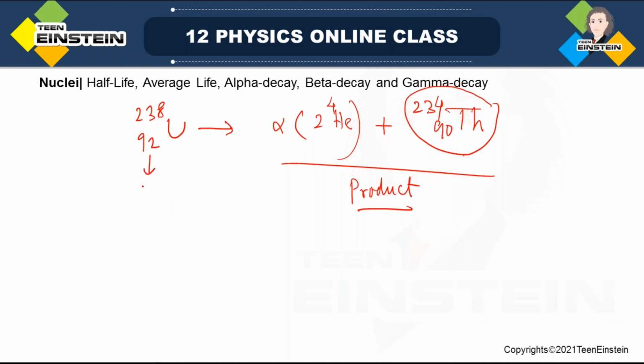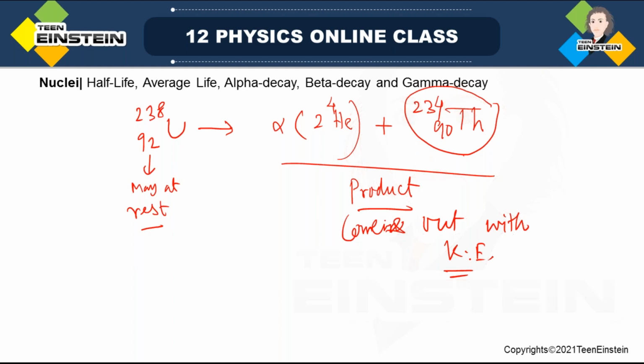Even though the parent may be at rest, these two nuclei come out with certain kinetic energy, and the release of this kinetic energy is called the Q value.